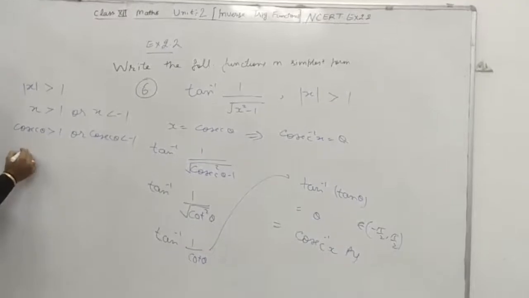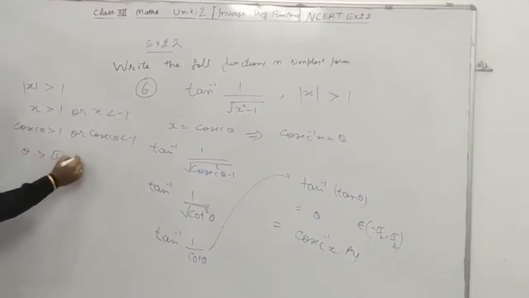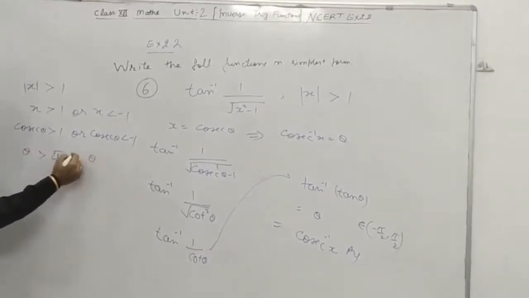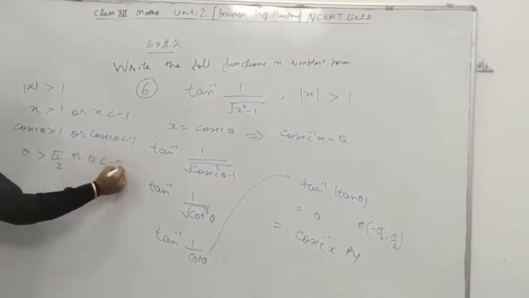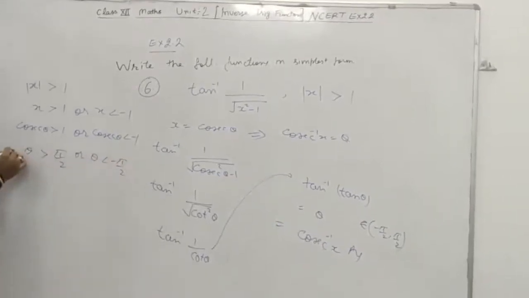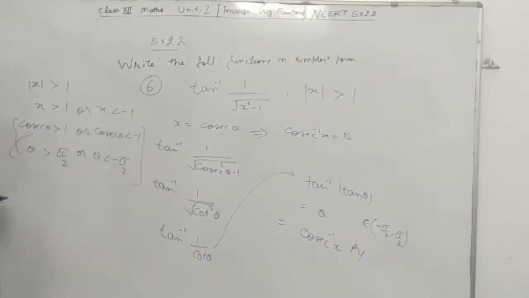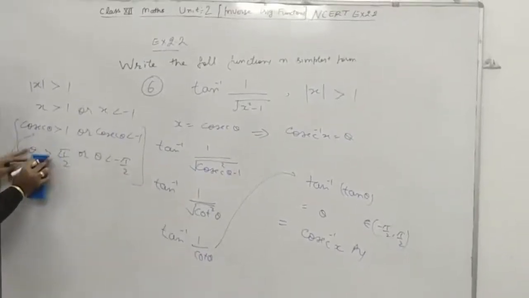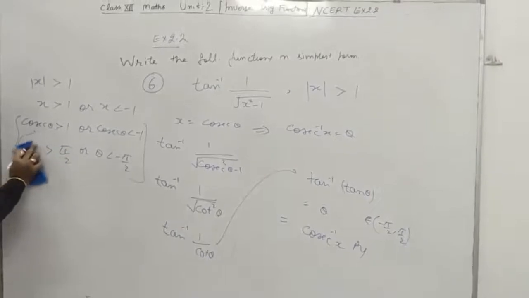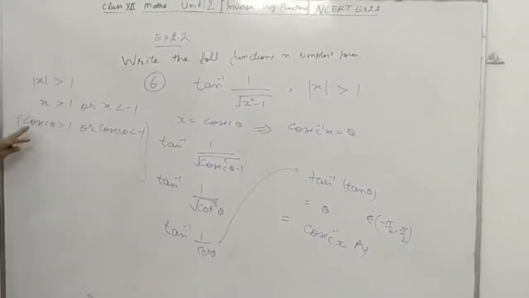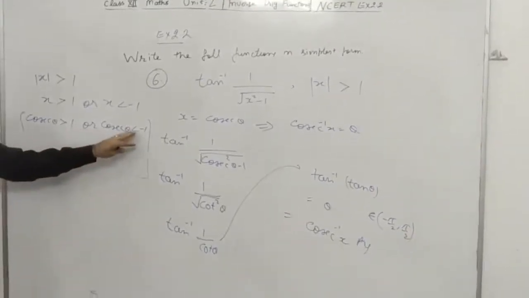We show theta is greater than pi by 2 and here theta is less than minus pi by 2.